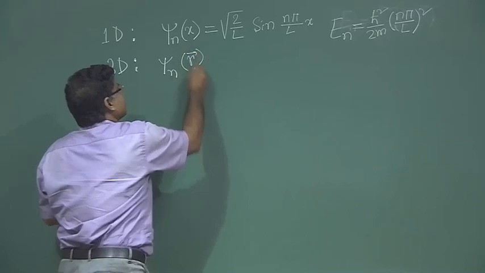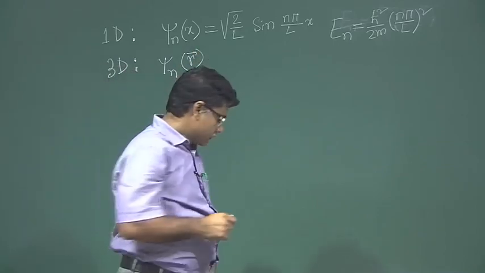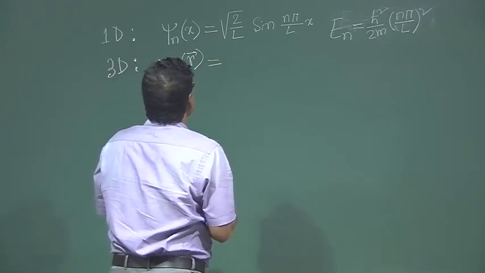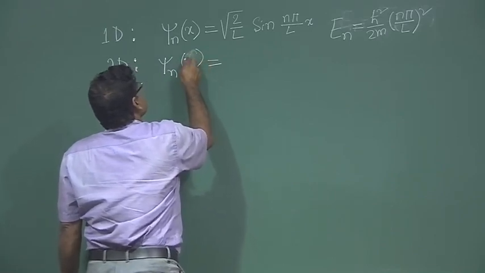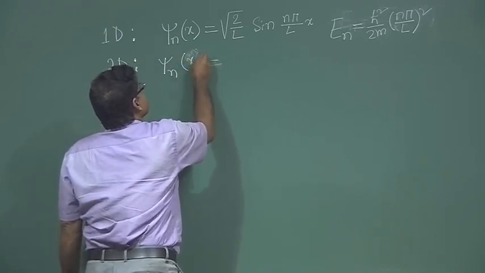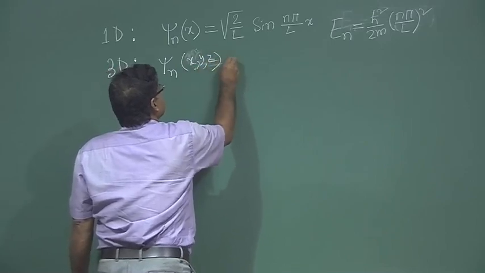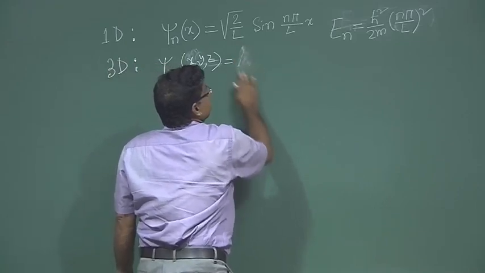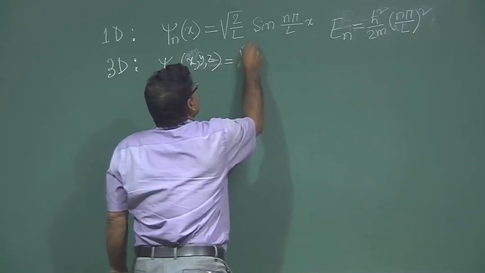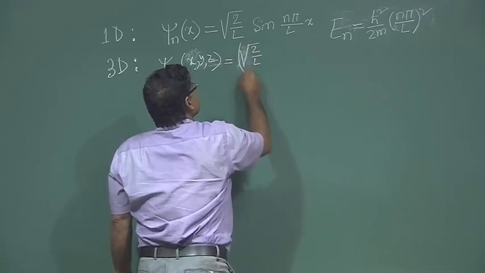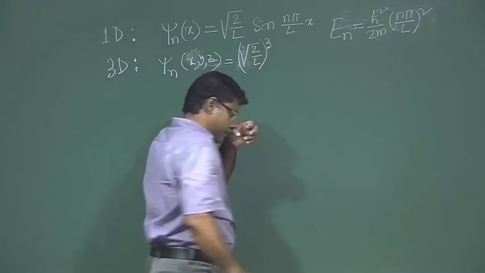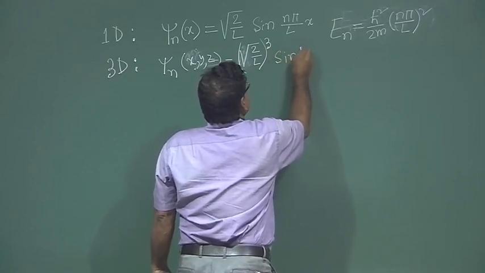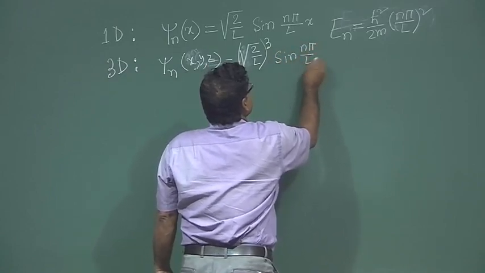one can write for 3 dimension, psi of x, y, z, some constant, square root of 2 by L to the power cube and sin n pi by L x.